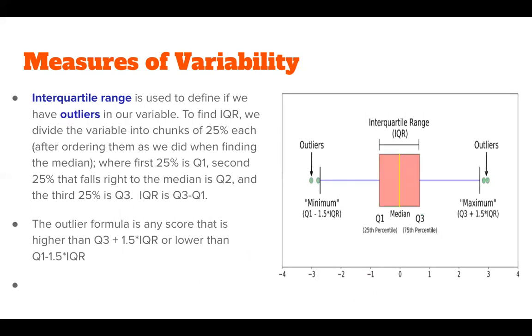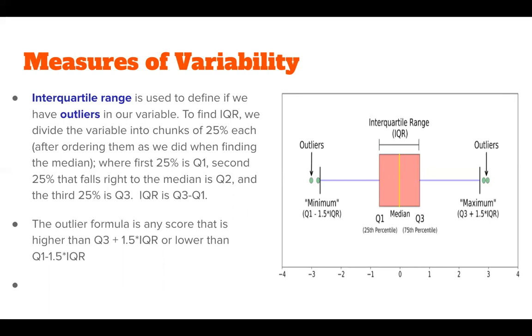Now, interquartile range is what we use to define if we have outliers in our variable, and what we should consider to be an outlier. To find the interquartile range, first we take all of our data points for that variable and organize them in ascending or descending order, and then we divide them into 25% chunks, quarters, because that's what quartiles are.